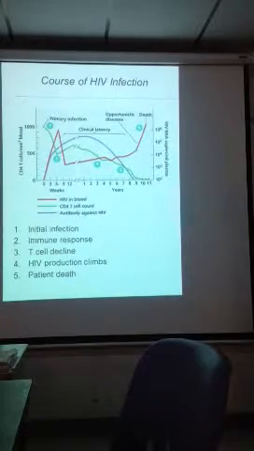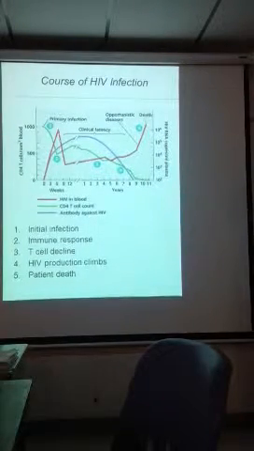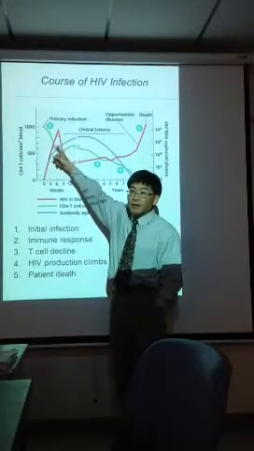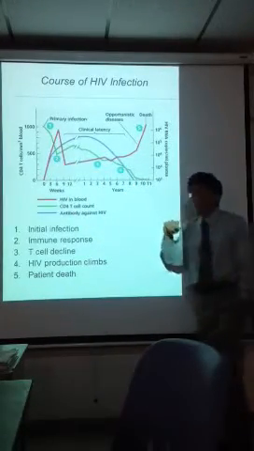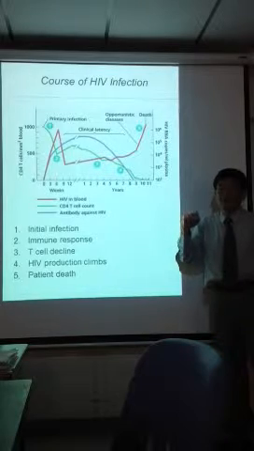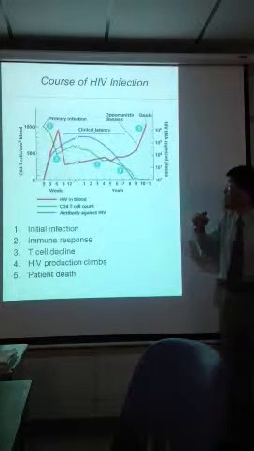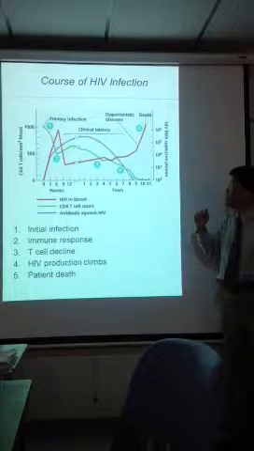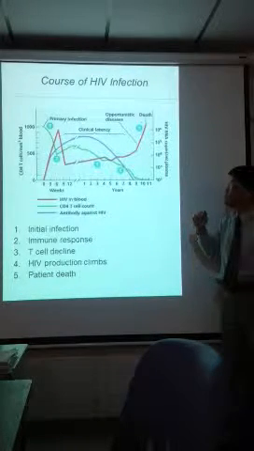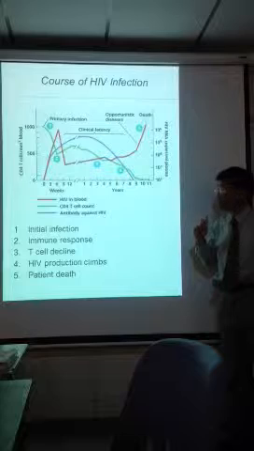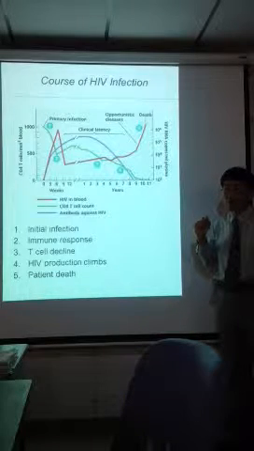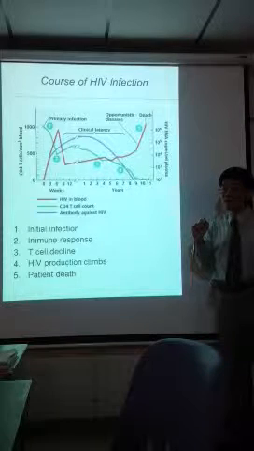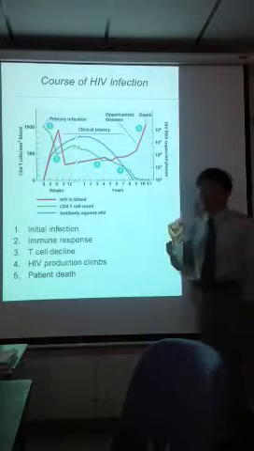Okay? Now, what happens? So as you can tell, the HIV goes up, right? What happens to the T cell count? It goes down, all right? But if you notice, after that initial decline in T cells, and after that initial increase in HIV, right, which you expect during an infection, what happens to the HIV levels? It goes down again, right?